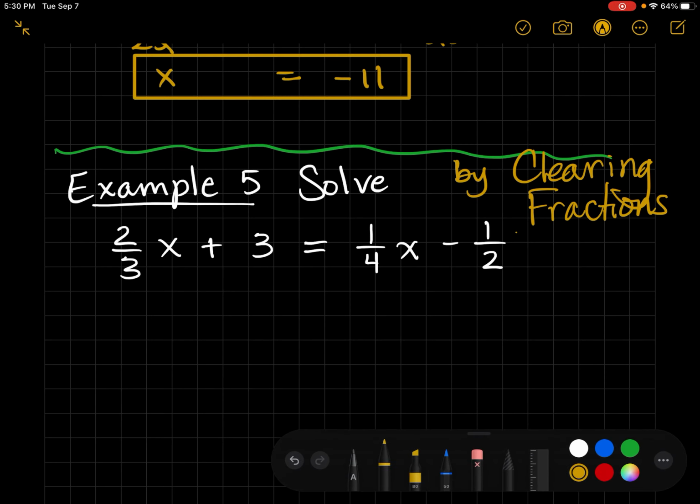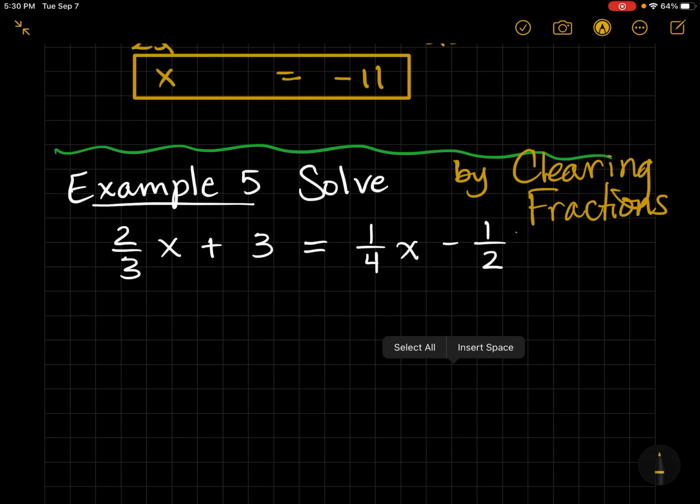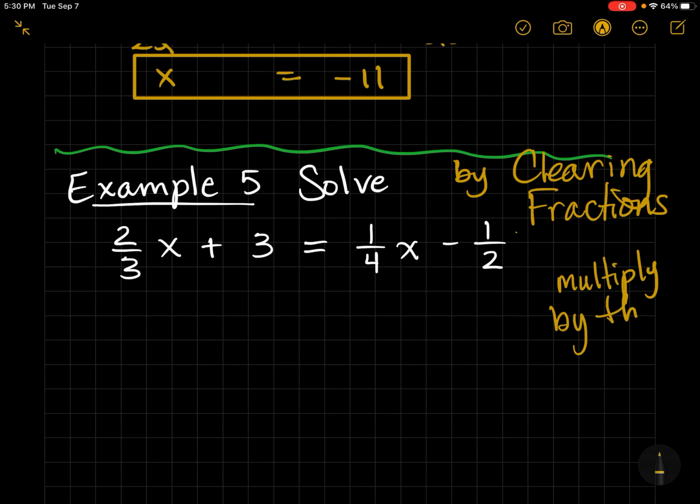What I start off by doing is multiply by the common denominator. Don't get the common denominator, but multiply by the common denominator. Right now, I'm trying to annotate your notes.